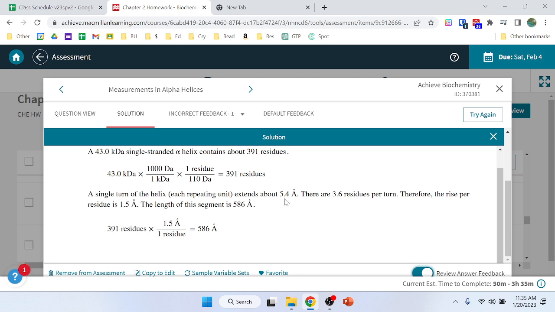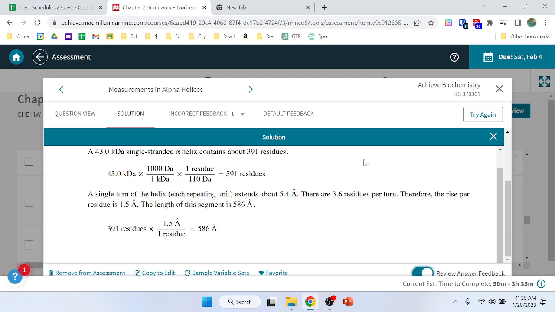Remember, we're measuring length. Right now we're measuring in corkscrews, loops, or periodicity. So we need to get that in angstroms. Again, if you look in your book, you'll see that there's an average length for that periodicity of 5.4 angstroms. So if you loop the alpha helix, it comes back to the same point and overlaps every 5.4 angstroms.